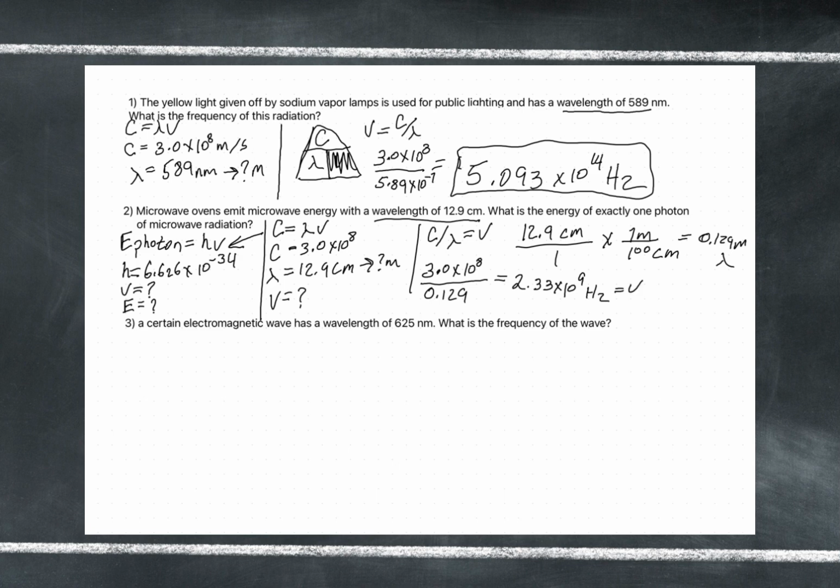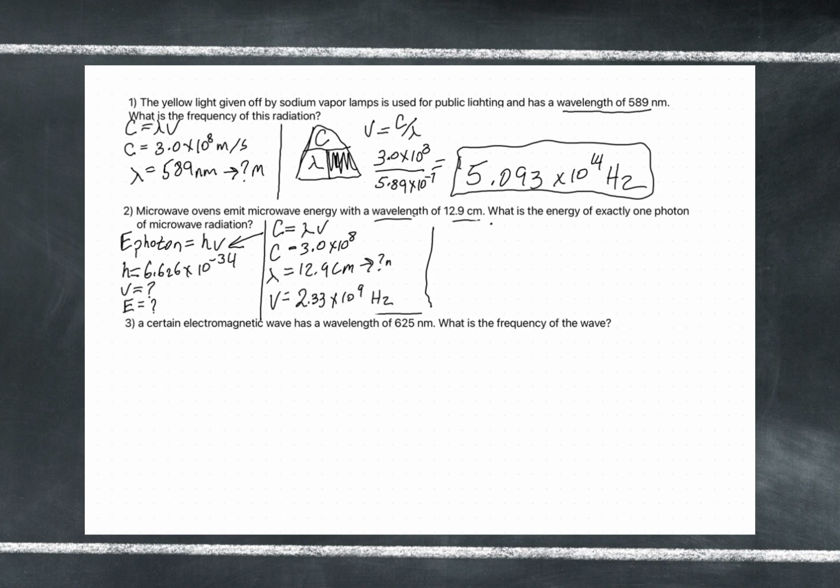So that's going over here. I'm going to write that out. I'm going to erase some stuff so now we can go back to our E photon equation. Now that we solved for frequency, we have frequency in here, 2.33 times 10 to the 9th hertz. So now that I have frequency and Planck's constant, I can solve for my energy of photon.